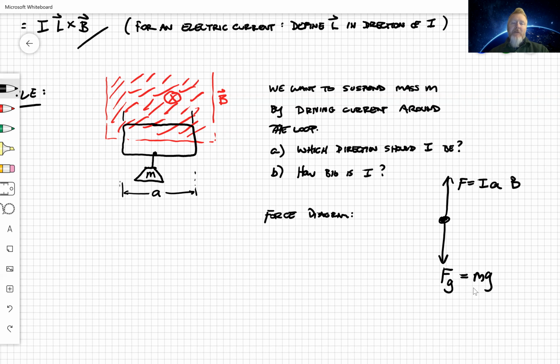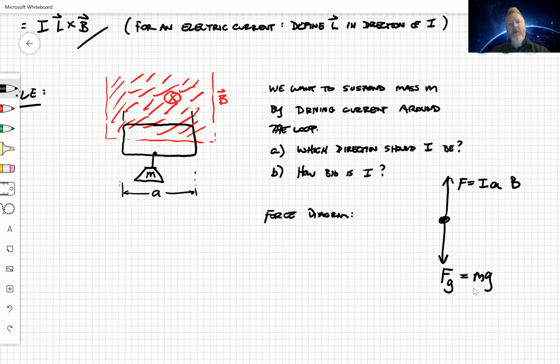Since the current and the B field are mutually perpendicular, I don't need to worry about the cross product. So first of all, which direction is I going to be in order to cause a force upwards?